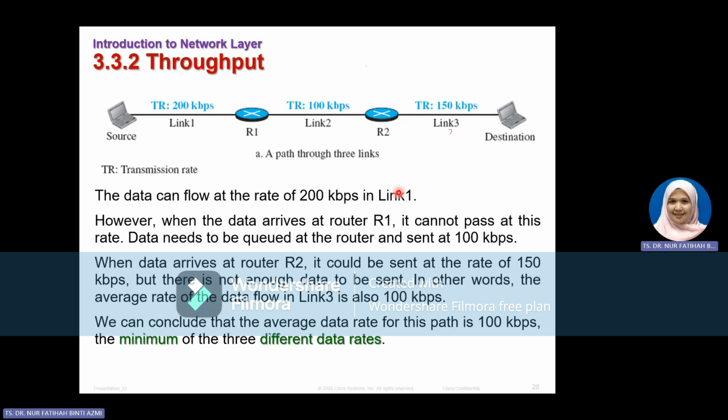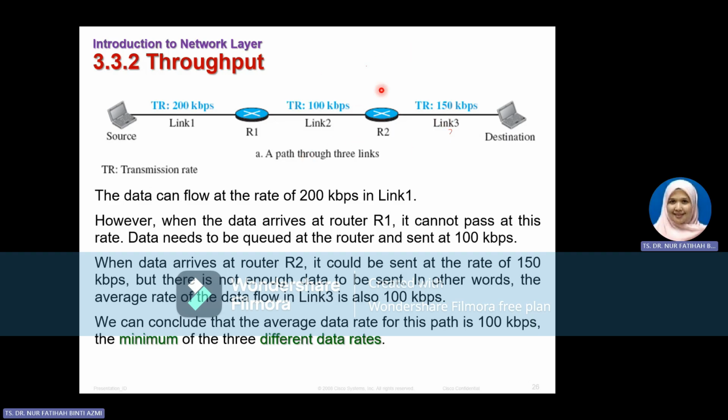For link 1, it transmits at a transmission rate of 200 kilobit per second. But when it reaches router 1, it cannot continue at 200 kilobit per second, because link 2 only supports 100 kilobit per second. So the data must queue at the router and be sent out at 100 kilobit per second.